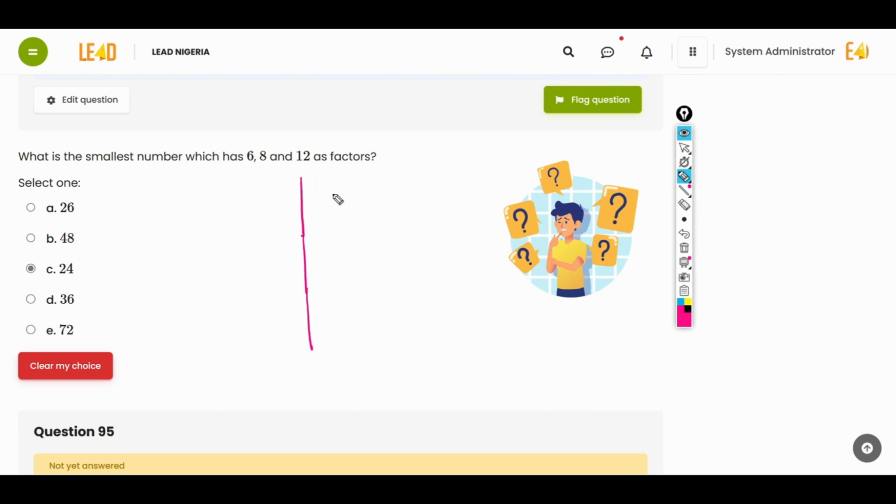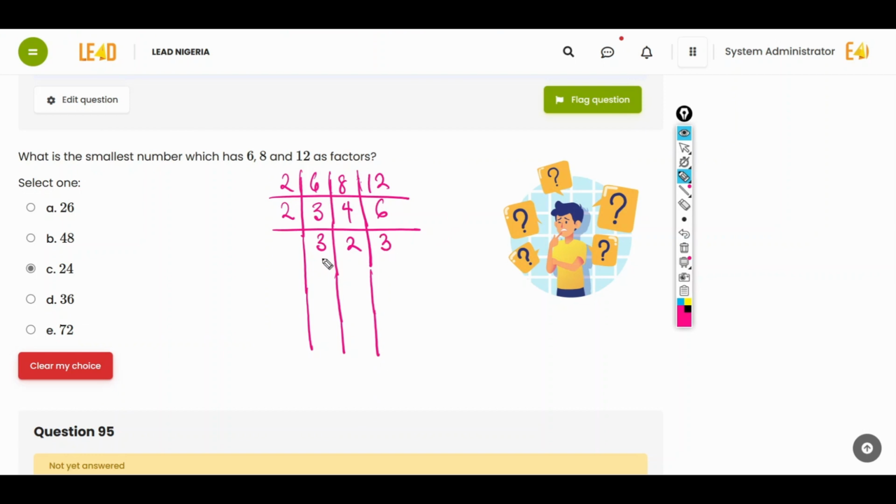So it's the smallest number. The LCM is the smallest number that all of these can divide, or same thing, that all of these are a factor of. All right, so we have 6, 8, and 12. We can work with 2. We'll have 3, 4, 6. We can work with 2 again.